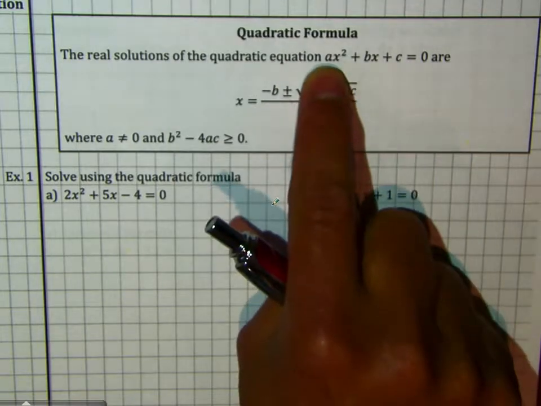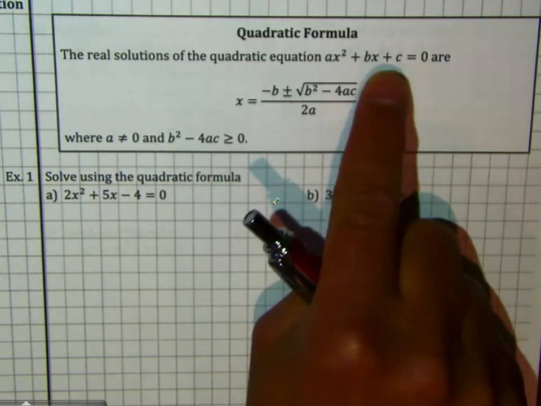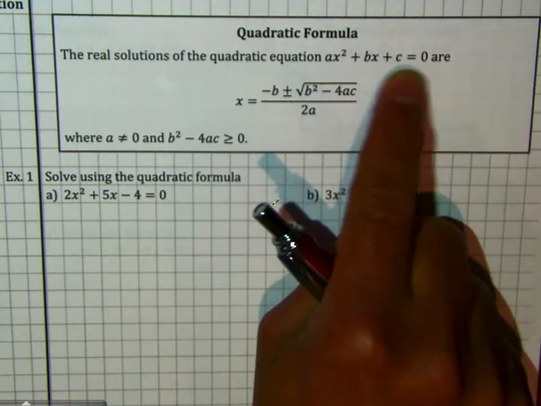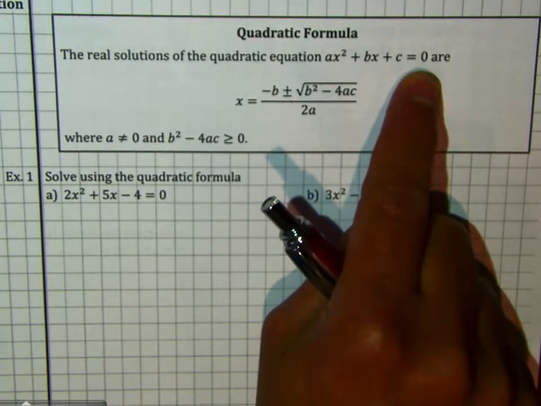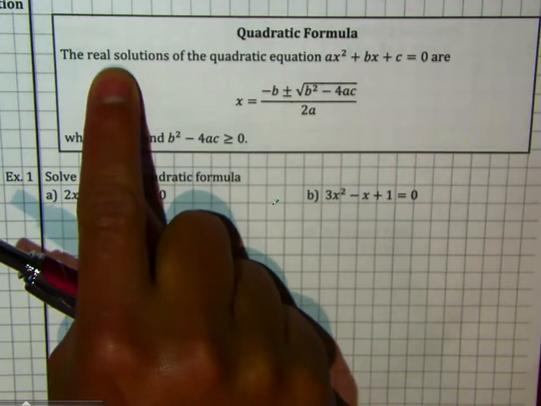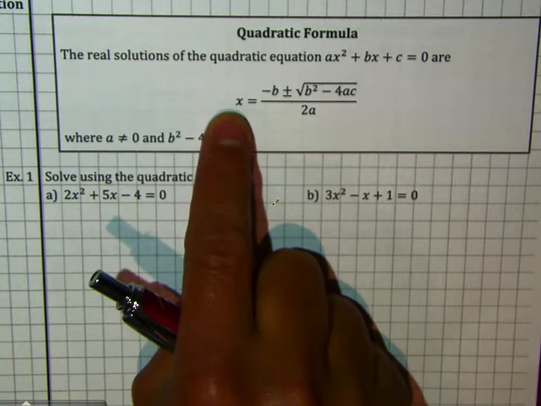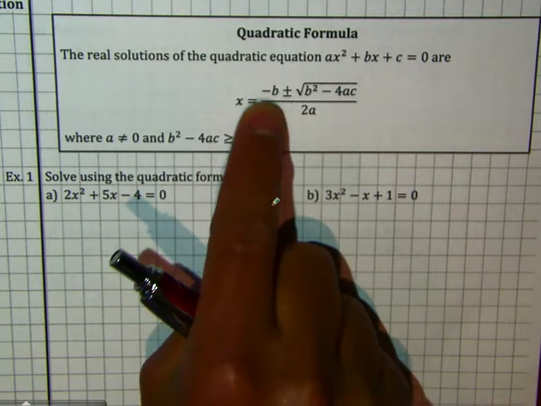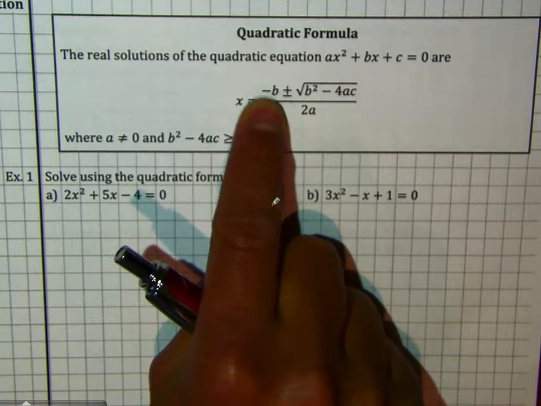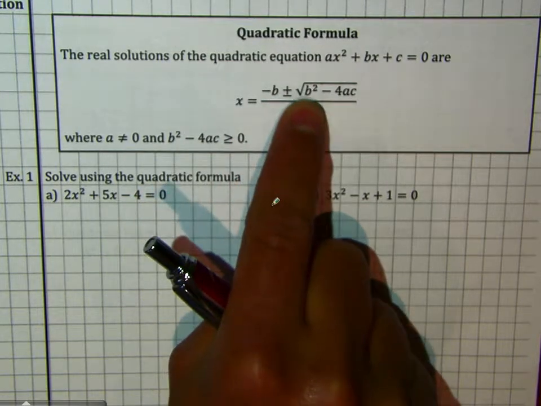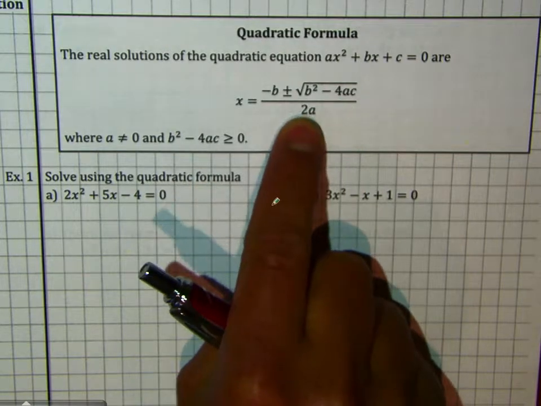You have your x squared, then your x, and then your constant. And it has to be equal to 0. Therefore, the real solutions are going to be given by the following. x equals negative b plus or minus square root of b squared minus 4ac all over 2a.